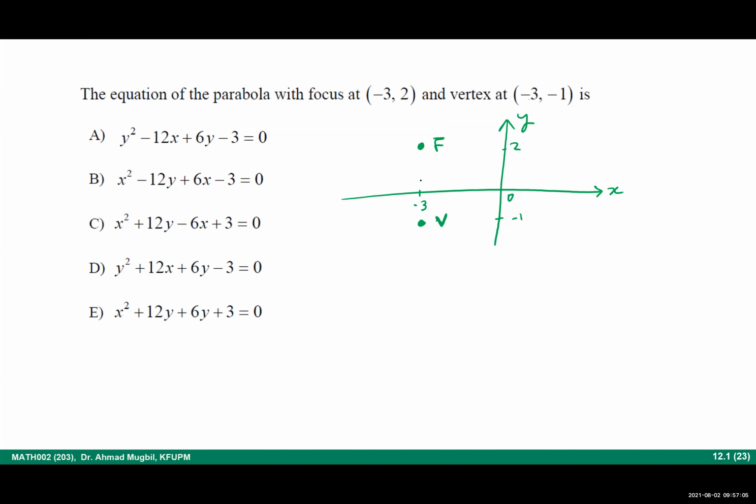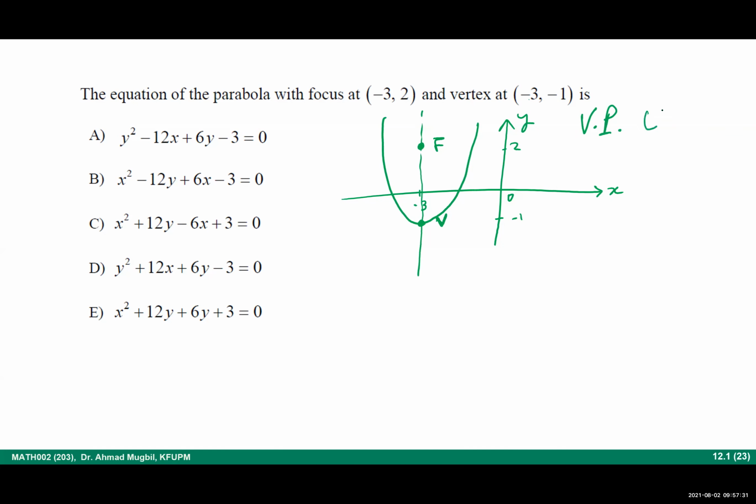Now, when you have it like this, is it vertical or horizontal? Does it open up or down? Up. Up, of course, guys. This is the vertex, this is the focus. The focus is always inside. So it is like this. And this is the axis of the parabola. So what we have here is a vertical parabola.